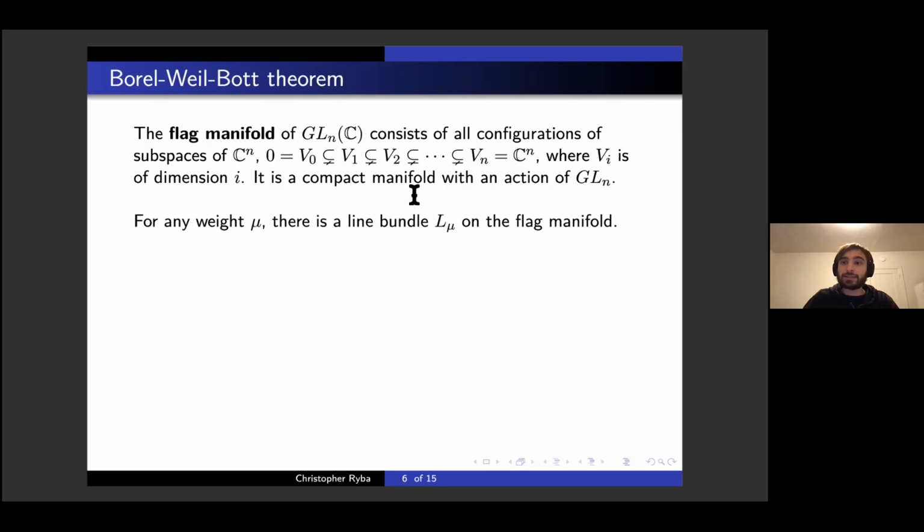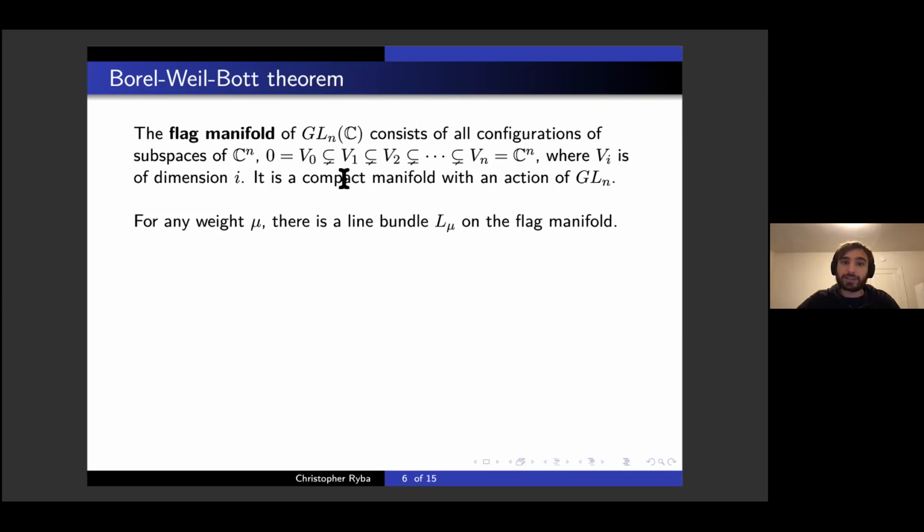And that simply acts by essentially matrix multiplication on each subspace individually. So if I have, let's say, an R-dimensional subspace of C to the n, and I apply my favorite matrix inside GLN to it, it'll take it to a different, possibly R-dimensional subspace. And if I had a subspace of that, it would be taken to a subspace of the new one.